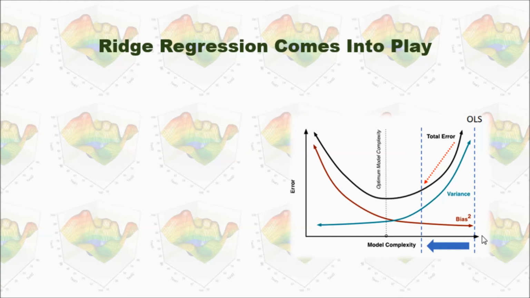If you simplify this model, the bias will increase, but the variance will drop. So where should we stop? We should stop in the middle. We have enough complexity in this model, and we have reasonable bias and reasonable variance.